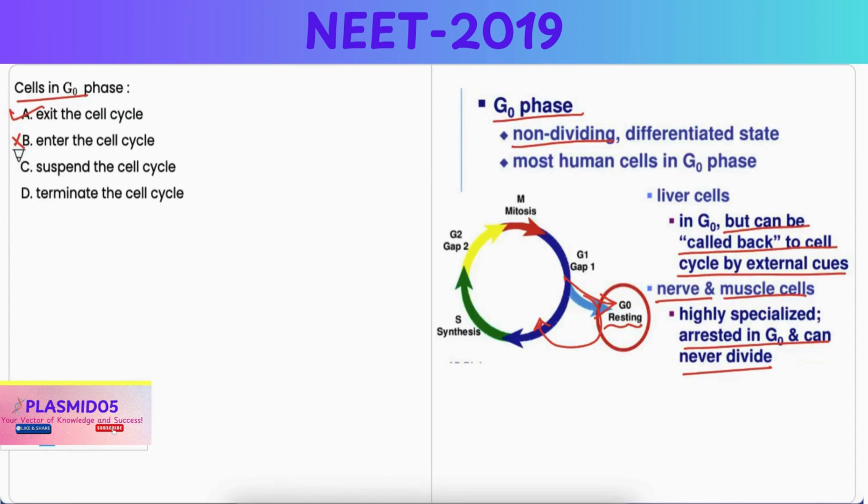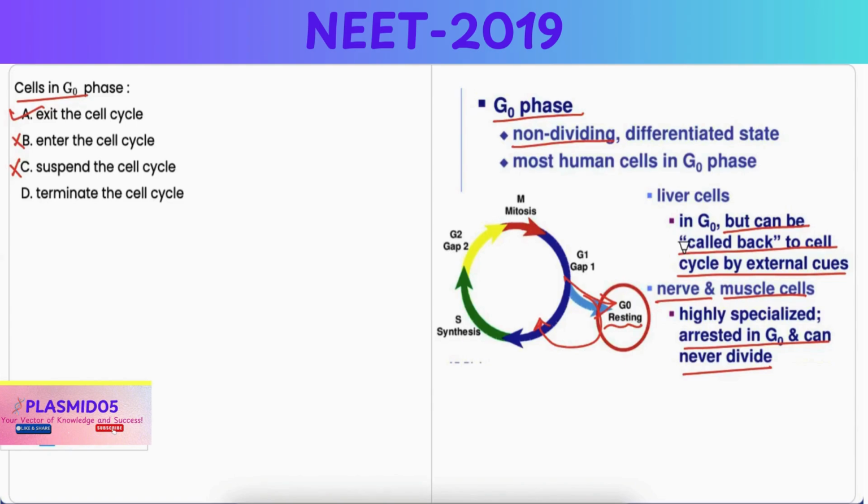This is also incorrect. While cells in G0 phase are not dividing, they have exited rather than suspended the cell cycle. A suspension would imply a temporary halt like a cell in the G1 checkpoint, whereas G0 is a distinct exit from the cell cycle.